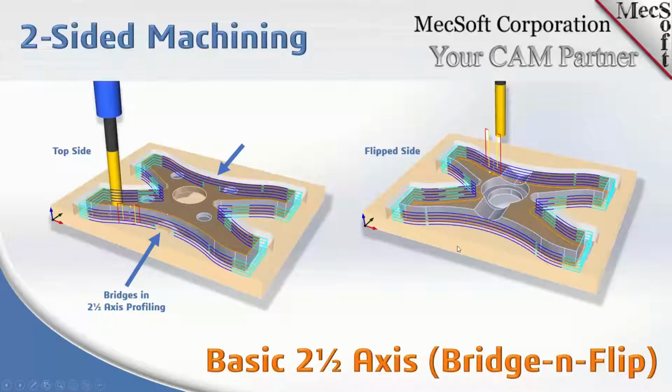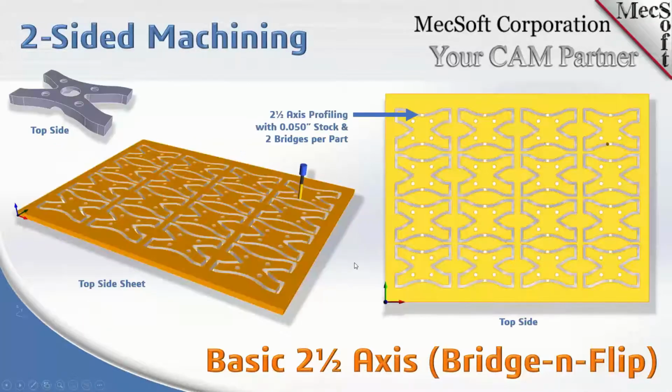And on the second side, the flip side, in this example, we're doing another profiling operation which separates the part from the stock. Now, again, here is a production example of the bridge and flip method using the same part that we showed before.